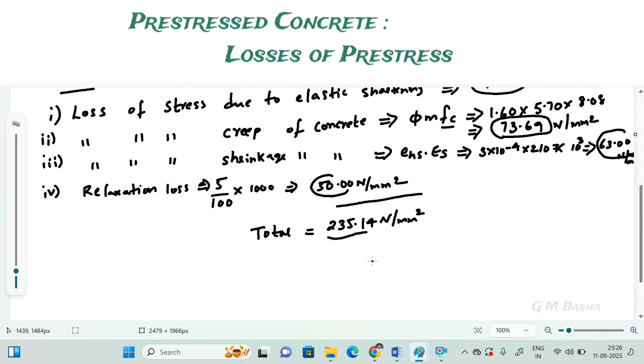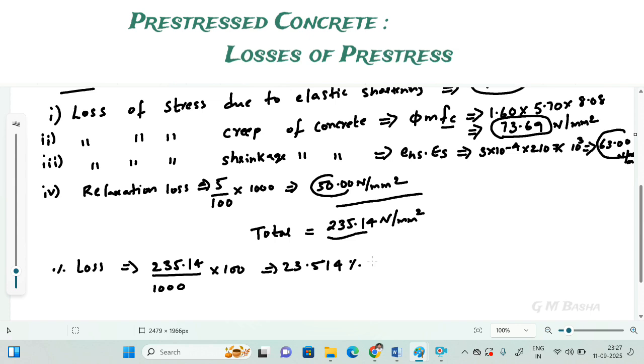So if you want to know in terms of the percentage loss, how much? We know the obtained loss will be 235.14, and the original initial stress will be 1000, into 100. So almost we know that will get 23.514 percentage.